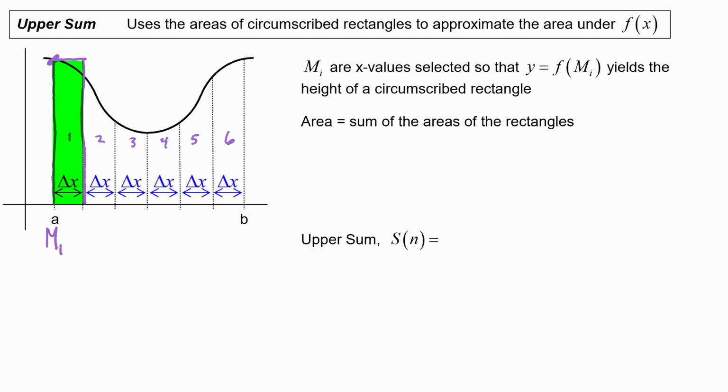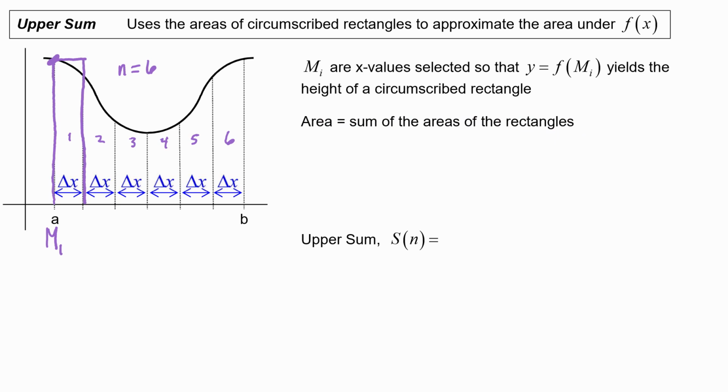which is the circumscribed rectangle. So this time you choose either the left endpoint or the right endpoint, whichever one gives you the rectangle that actually goes outside of the area under the curve. And the total area will be the sum of the areas of the rectangles. So in this case, we will have 6 rectangles, because once again, n is equal to 6.